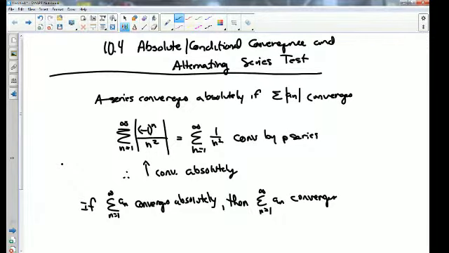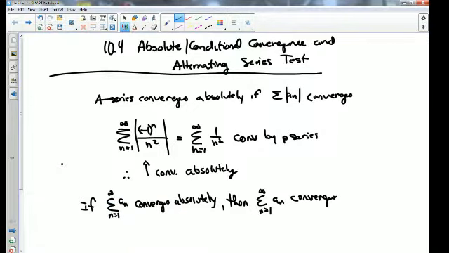Is that the absolute value of the fraction right there? This? Yeah. Basically all you're doing is taking this alternating part off. It makes it positive, right? So this is the only thing it changes, because that's positive the whole way through.